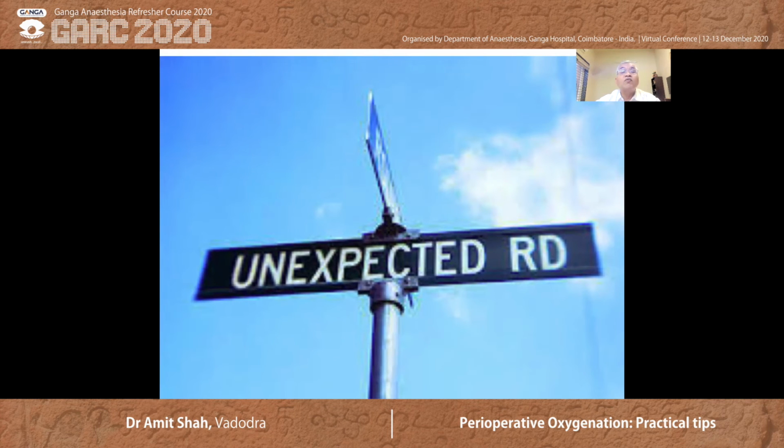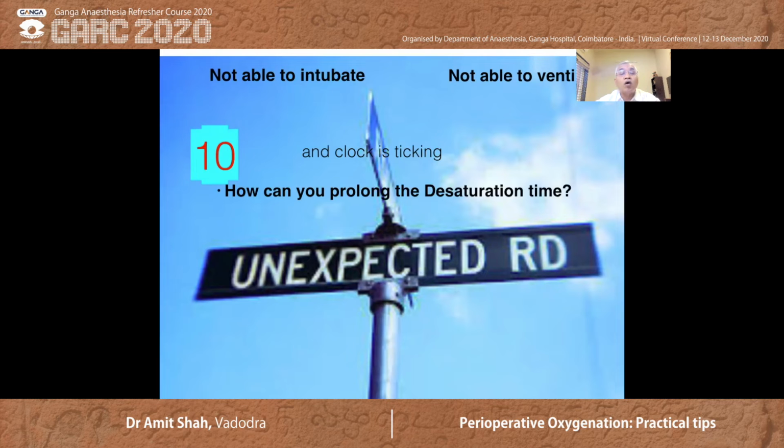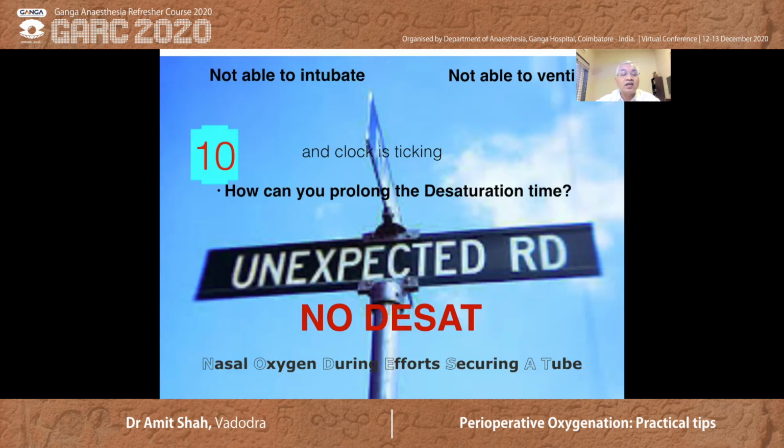But what if we are still not able to intubate, not able to ventilate, and want to avoid this desaturation? This technique is called the NO DESAT technique, which is described by Dr. Richard Levitan. And what it is, NO DESAT is nasal oxygen during efforts securing a tube.